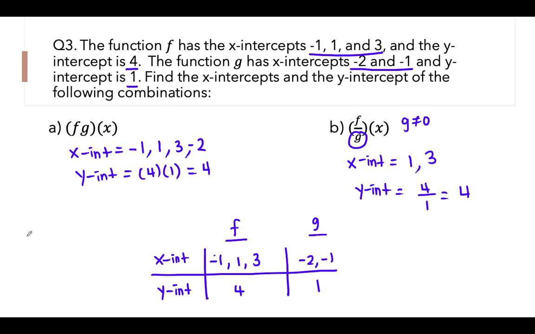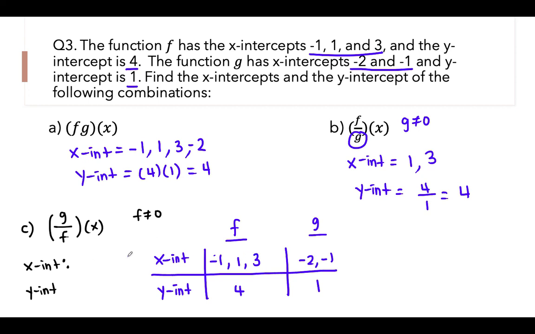Let me give you one more question to try. Letter C: if we're given g over f at x, I have to find the x-intercept and y-intercept. For the x-intercept, we understand that function f cannot equal 0, or else it's going to be undefined. So we look at function g, where we have -2.